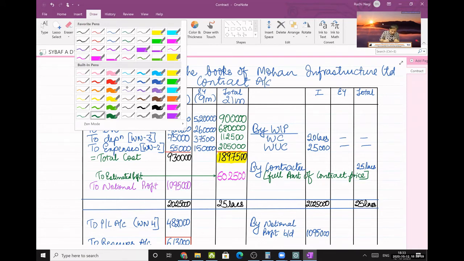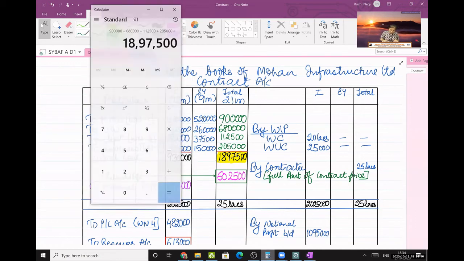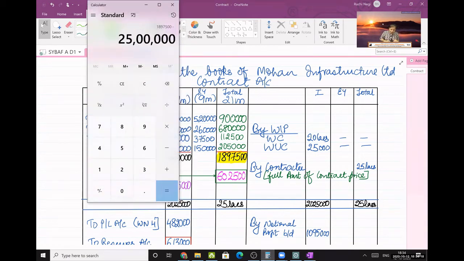Clear everyone? Acknowledge it in the chat box. Clear about estimated profit? Minus 25 lakhs.